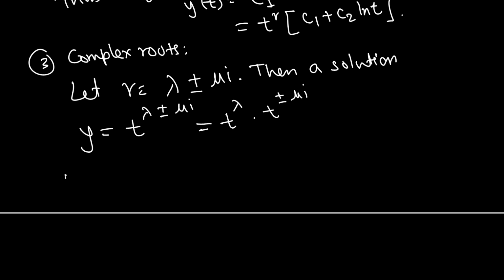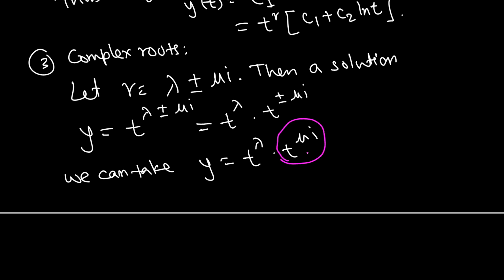In fact, we can get a pair of linearly independent solutions just from this. Okay, we can take just the positive sign, t raised to lambda times t raised to mu i. So I'm going to work on this factor, and from here I'll be able to get two real solutions, in this way.